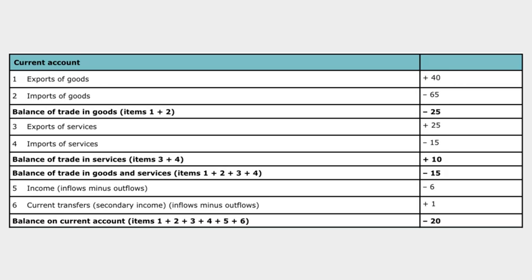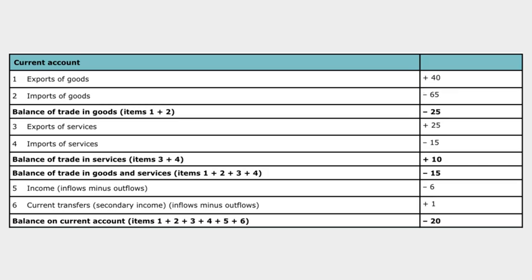So the current account accounts for the inflows and outflows of goods and services into a country. So when we see that there is a positive 40 in the exports of goods right here, that is basically a positive unit displaying a surplus of exports, meaning that we're exporting quite a bit to the other countries.